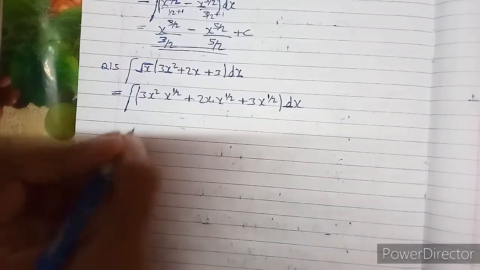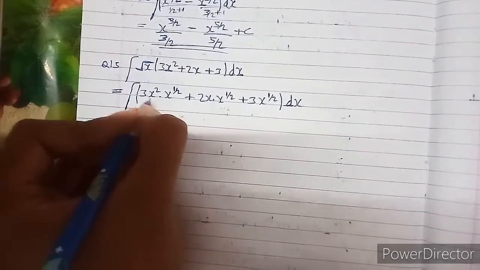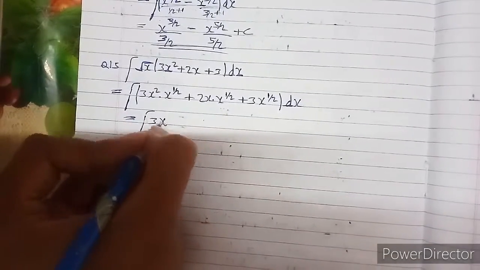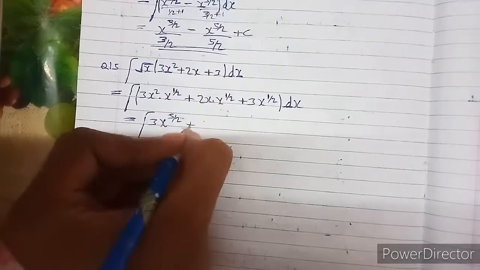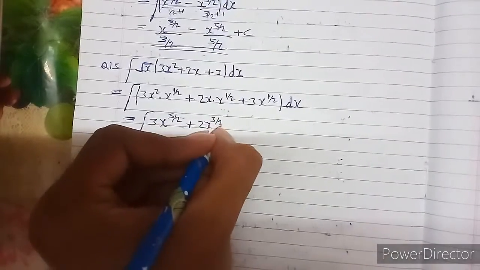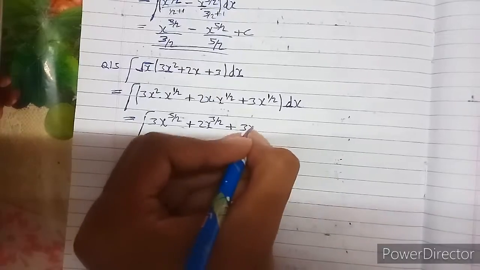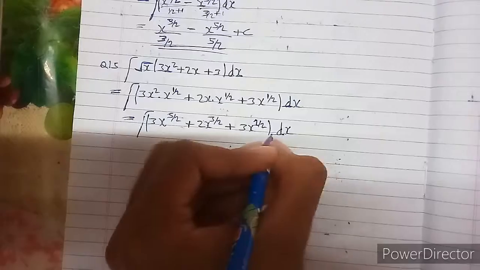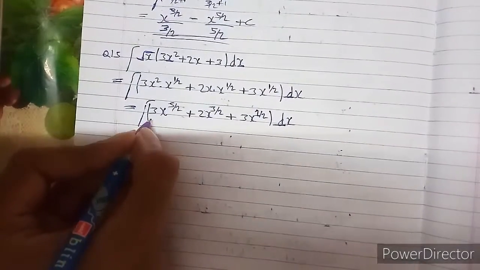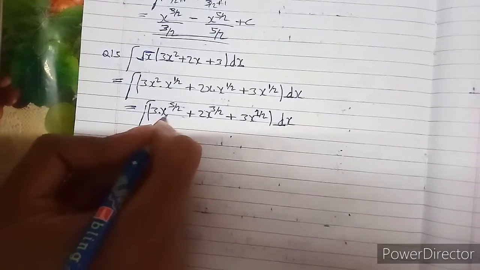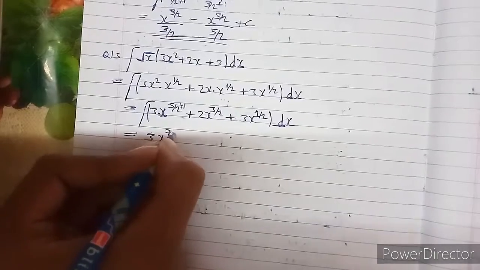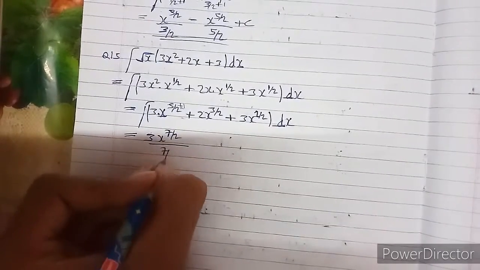Now again, base same, powers different, powers will be added. So we will get 3x to the power 5/2 plus 2x to the power 3/2 plus 3x to the power 1/2. Now we can integrate it very easily. So we know the integration, 3 we will take outside and it is constant. 5/2 plus 1, that will be 7/2, upon 7/2.